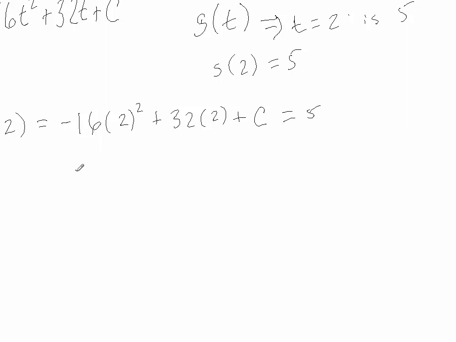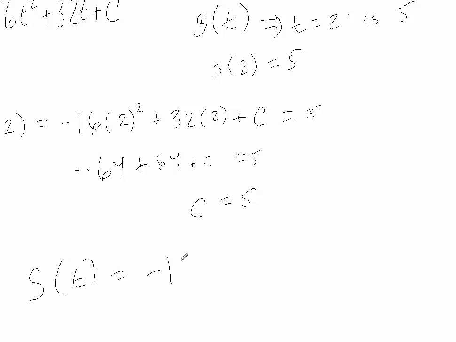So this gives us negative 64 plus c equals 5. Well, then c equals 69. So this gives us our actual position function, taking into consideration those initial conditions.